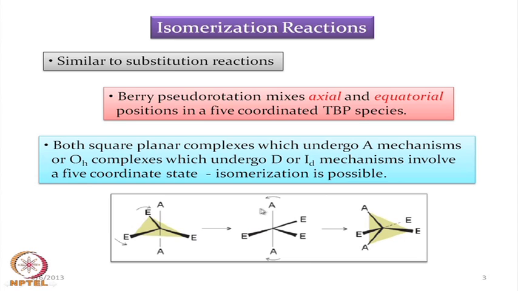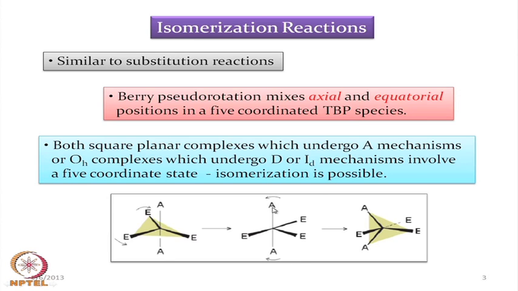That means these two will give us this 2A along with this E, which is in the pyramidal side, because these two E's are in a line along 180 degree, which is perpendicular to that. This E, I mean this A, this E and this A will next form a new triangular plane.